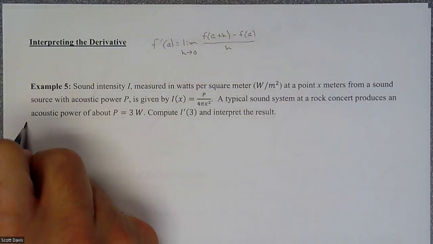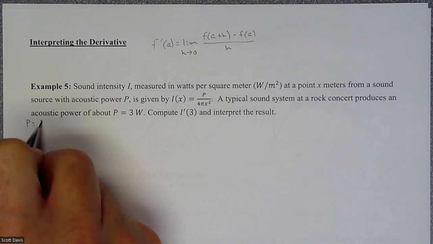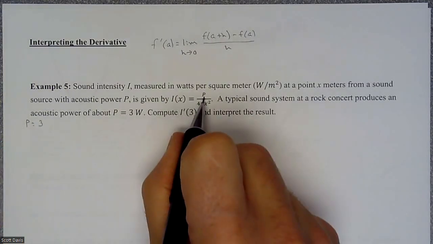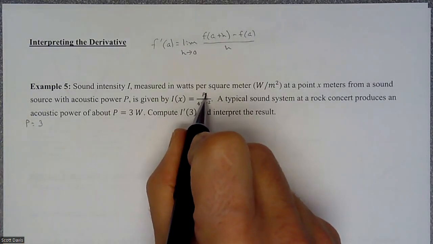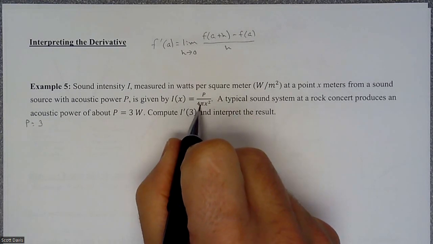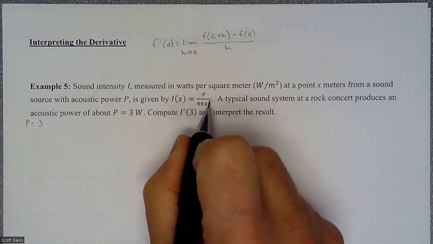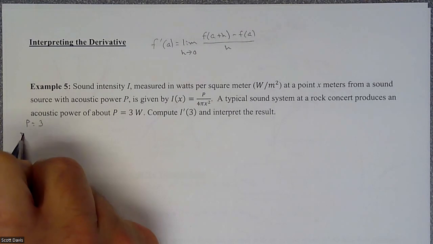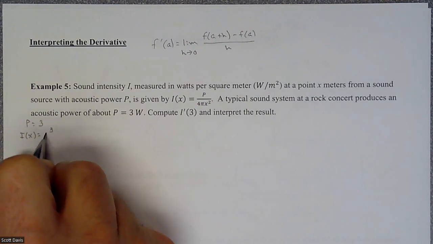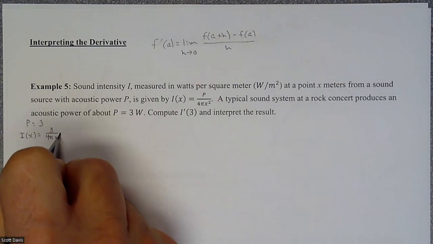So let's start with the fact that P equals 3. That's going to be replaced with 3 over 4 pi x squared. So our intensity is going to be 3 over 4 pi x squared.